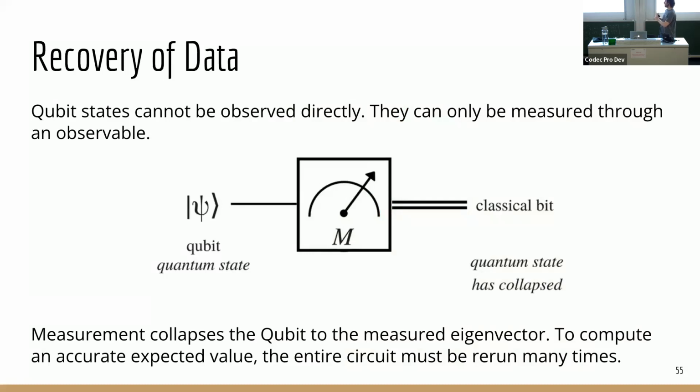And what this means is that if we want to compute some statistics about the circuit, for example, the expected value, and we want to compute it accurately, the entire circuit has to be set up and rerun many, many times. So we can't just run the circuit once and know an expected value. We have to perform the entire circuit again, all of the unitary transformations that we would like to apply, in order to take another sample.